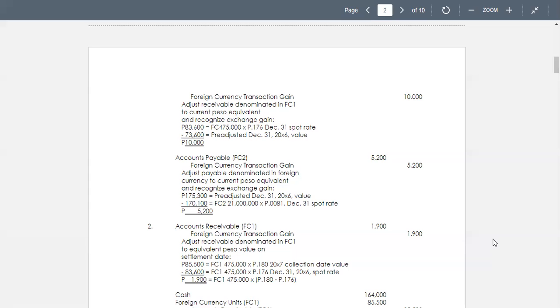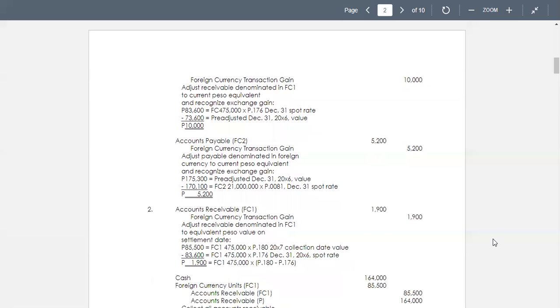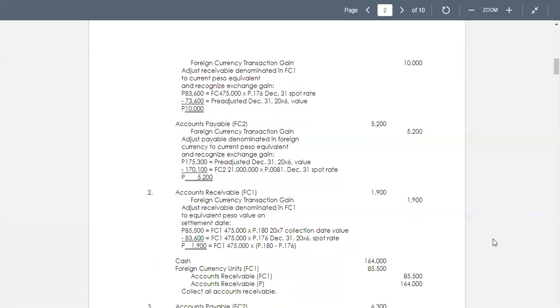So we have now the amount of 83,600. That was our original amount of the receivable, 83,600. So what will be the amount to be recorded now since we have a gain? First, we have to recognize the foreign currency transaction gain, which is the difference between 0.18 and 0.176.